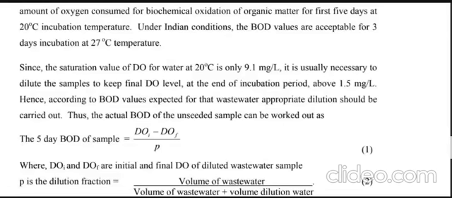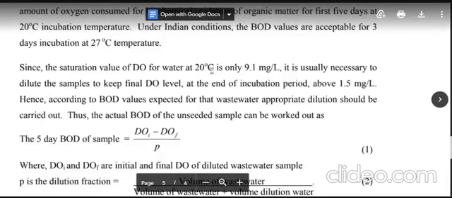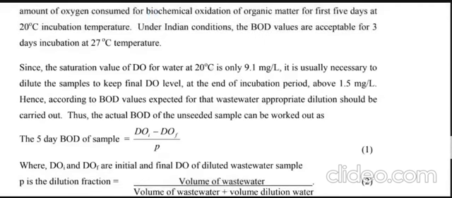You already learned what diffusion means in mass transfer. How much diffuses? It is only 9.1, the saturation point at 20 degrees Celsius. Again, you know that diffusion depends on temperature: whether the temperature increases or decreases, on that basis the diffusion of gases into the liquid takes place.